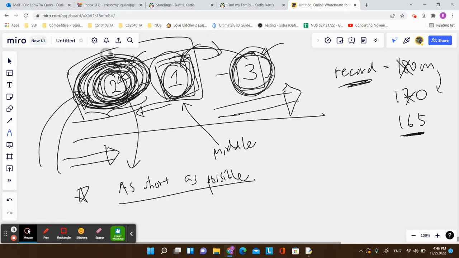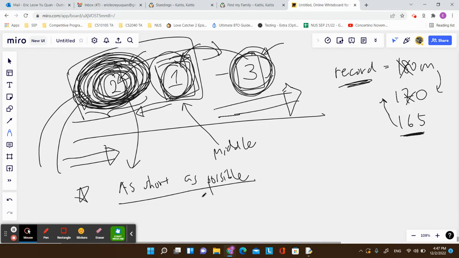What is stored for the people I've seen so far should not include people taller than 165, because they will definitely not make the record smaller. That is the main idea: you want to keep track of the people you have seen so far who are not taller than the current record.